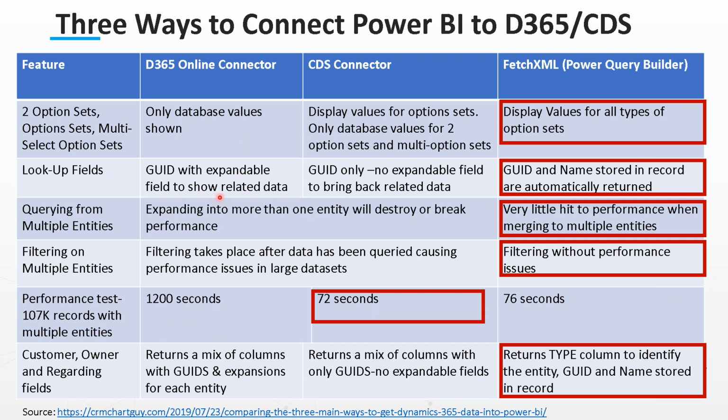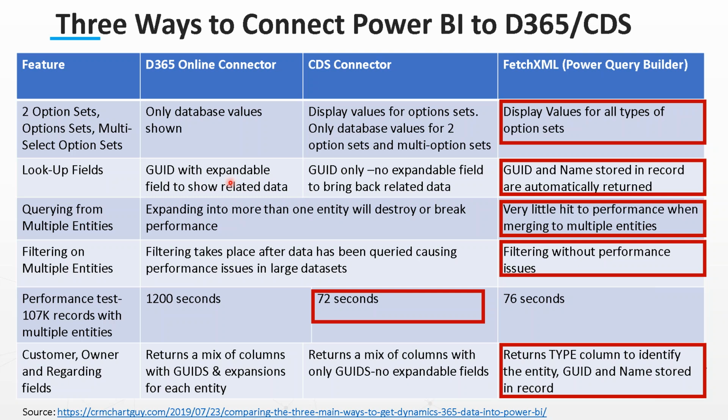You can see on performance testing that the Dynamics 365 connector, the most commonly used connector in this world, has really horrible performance. And I don't know if there are other factors impacting this, but I can tell you for certain, at least one factor impacting this performance is that when you have lookups in your query, the D365 connector automatically brings back the GUID, that big, long, meaningless database ID, and it also brings back an expandable column.